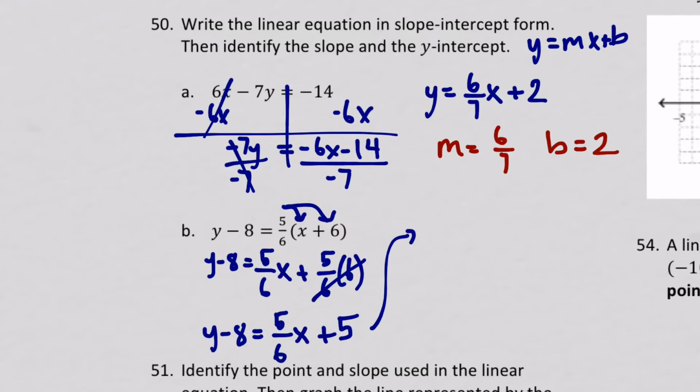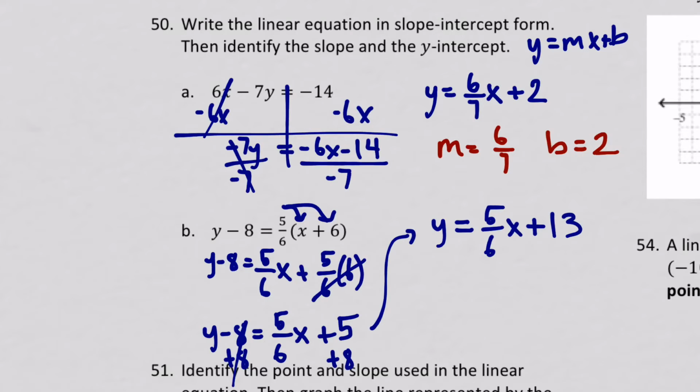Now, remember I want y equals mx plus b, so I want the y to be isolated. What I'm going to do next is get rid of the negative 8 by adding it, using inverse operations. So I'm going to add 8 to both sides. On the left side, the negative 8 and the positive 8 cancel, leaving y equals 5 over 6x plus 13.